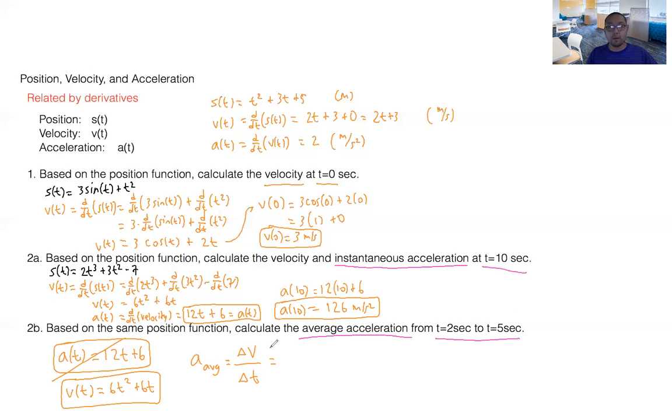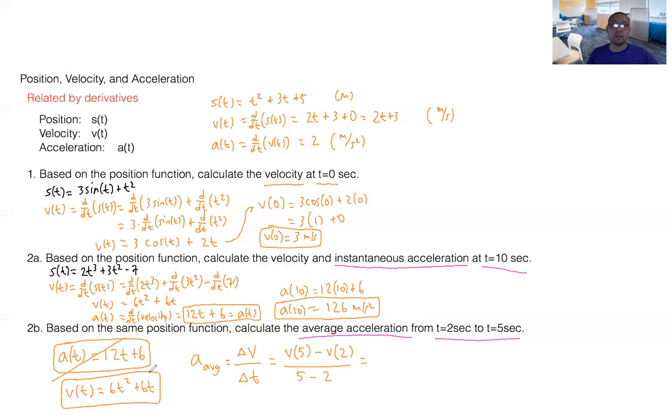And so the change in velocity is going to be the velocity evaluated at our later time point, 5 seconds, minus our velocity evaluated at our first point, 2 seconds, divided by the change in time. So 5 seconds, the later time, minus 2 seconds. Now, all we have to do is plug in 5 and 2 into our function in order to get these values, and we can solve.